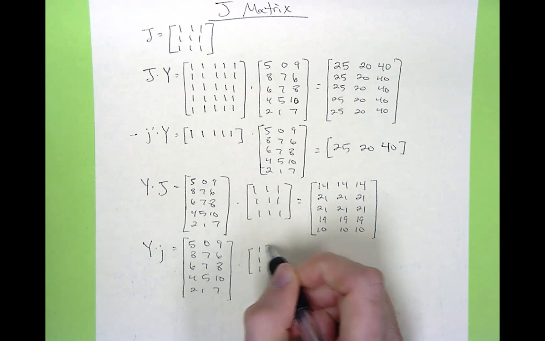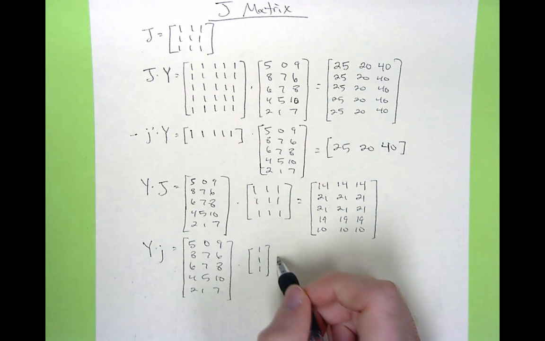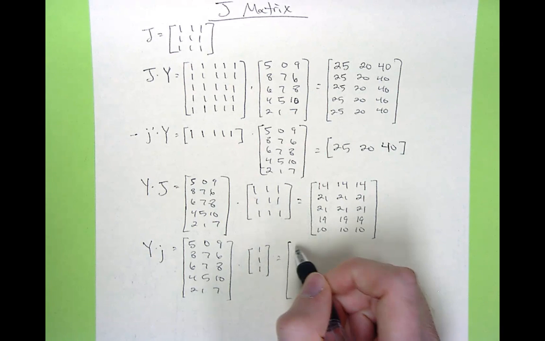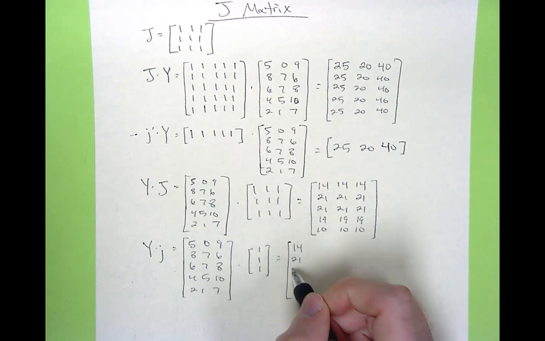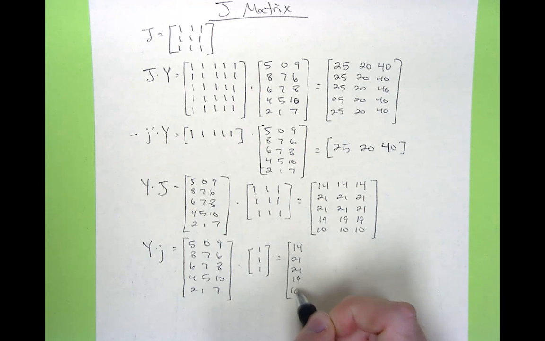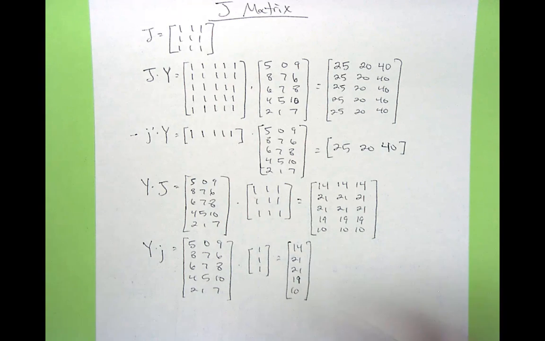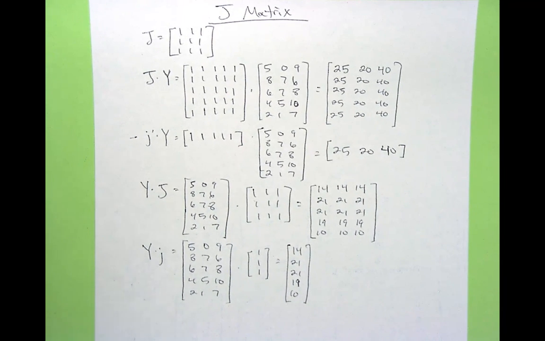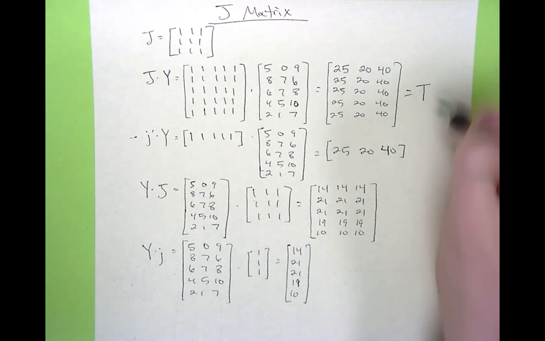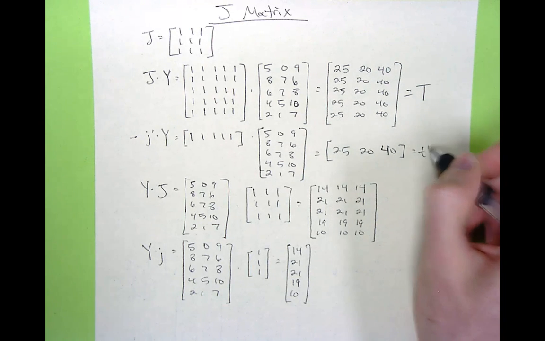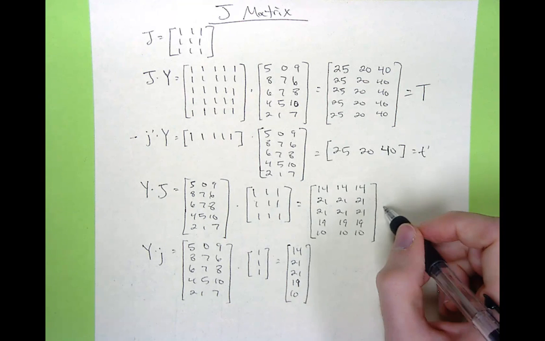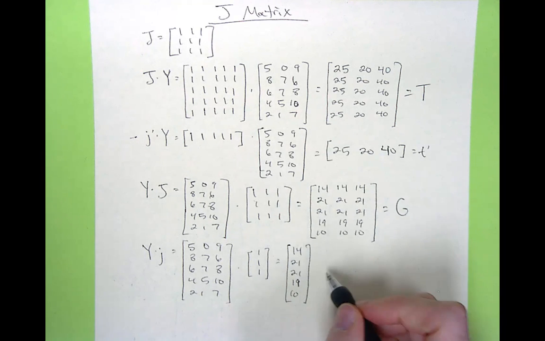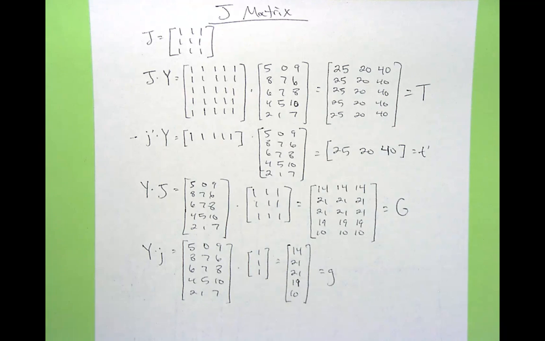And we'll just get a column vector of the sums of rows, if that's what you want. Let's call this one T, and this one the transpose of T. We can call this one G if we want, and this is the vector G.